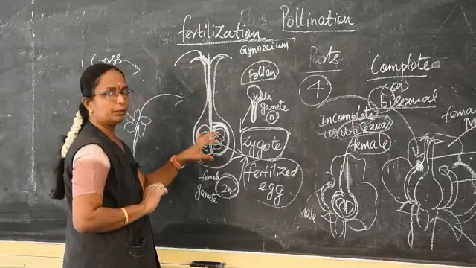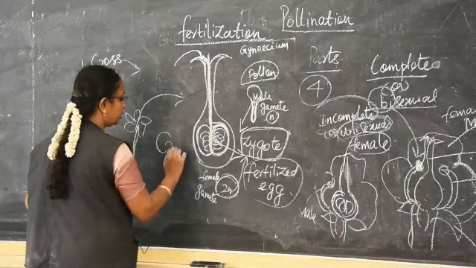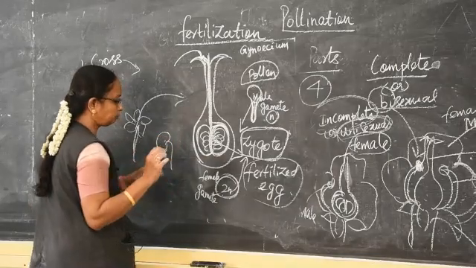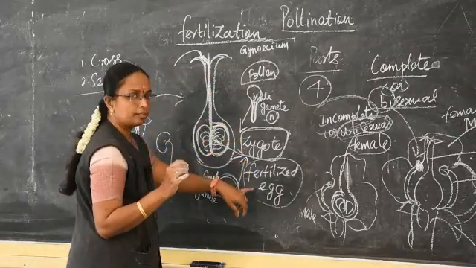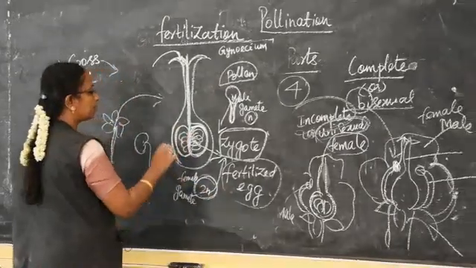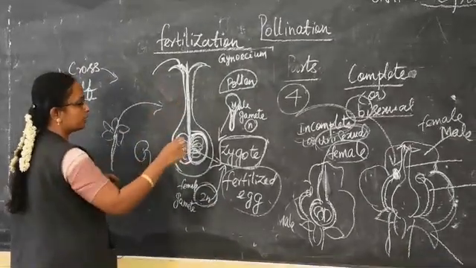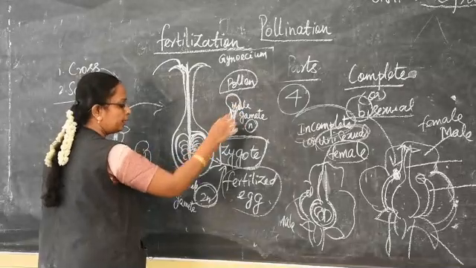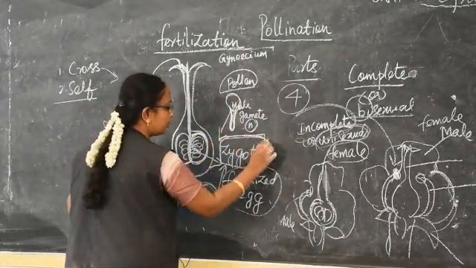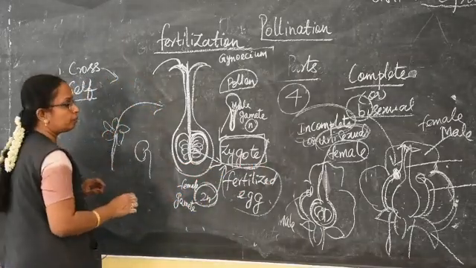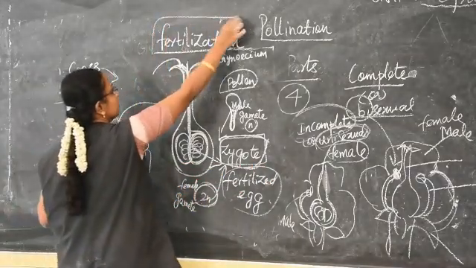So this develops into a new seed. This process, the fusion of the male and female gamete which forms the fertilized egg known as the zygote, is known as fertilization.